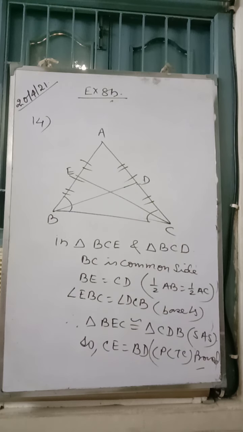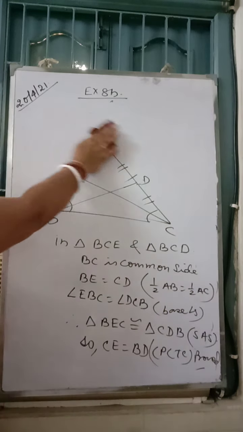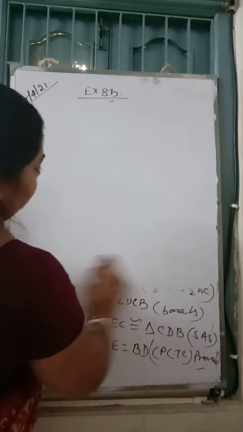Is it? Then 15 says, prove that the triangle formed by joining the midpoints of an isosceles triangle is also an isosceles triangle. So let us see question number 15.